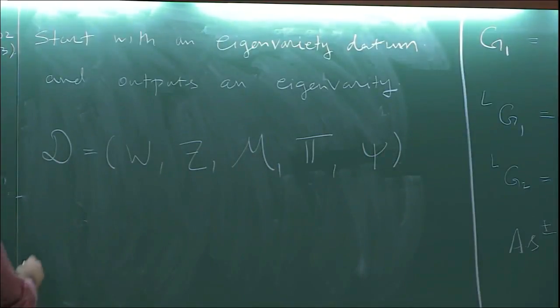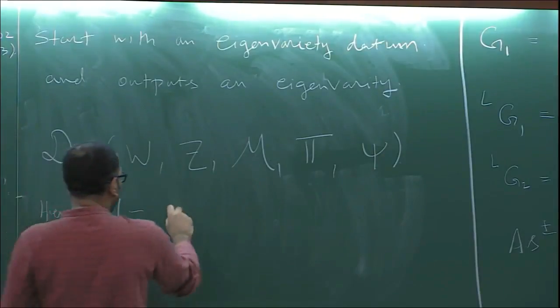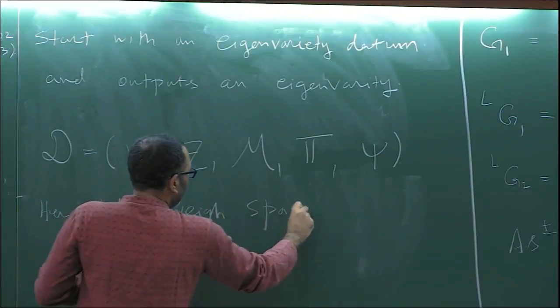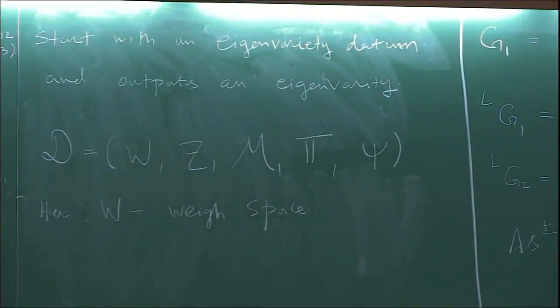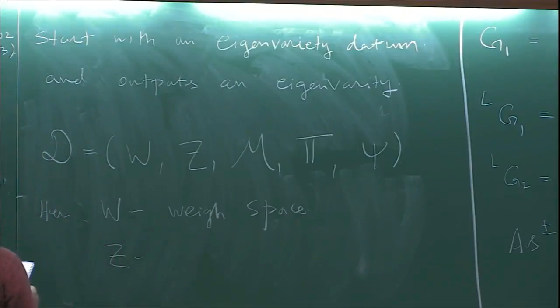So here W is what is called the weight space. This is a space which parameterizes all your classical and also p-adic weights. And Z is what is called a spectral variety.